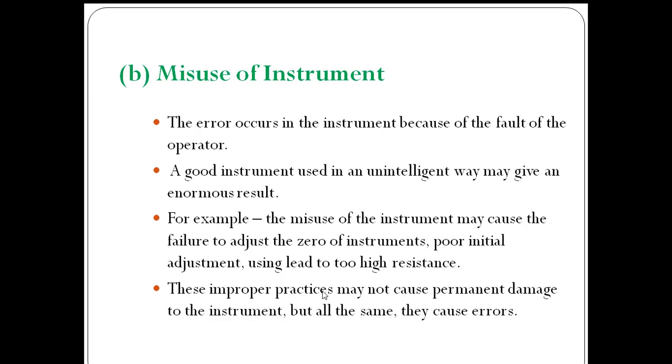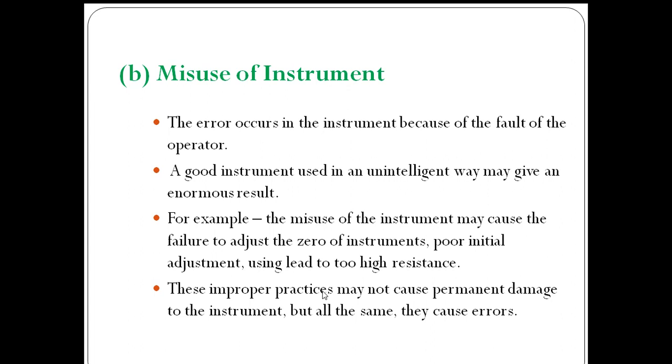And second one is misuse of instrument. The error occurs in the instrument because of fault of the operator. The operator is not operating in a proper manner, and because of that it may cause the error. A good instrument used in an unintelligent way may cause enormous errors.